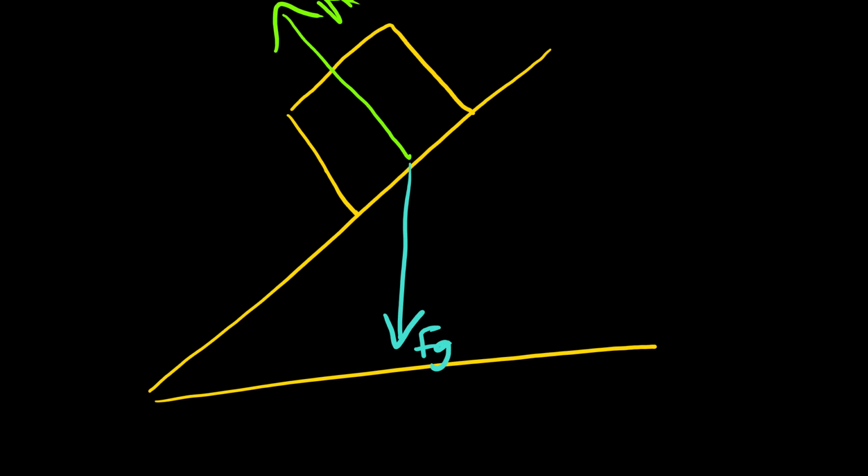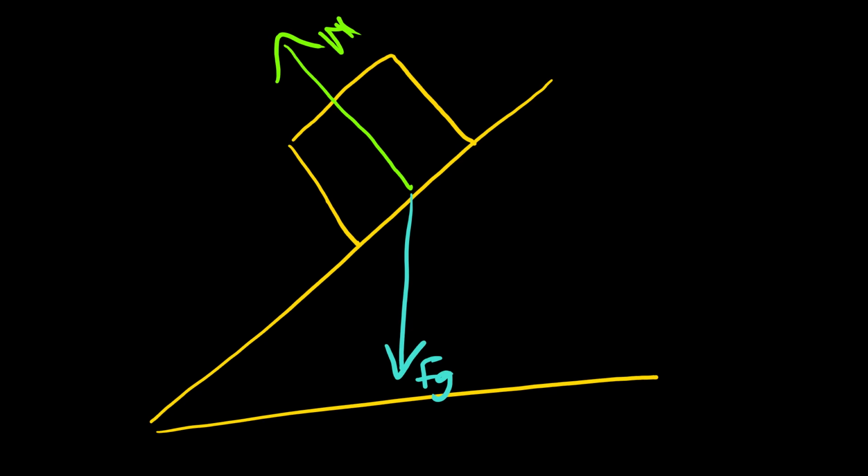Now let us try to resolve Fg in terms of its components. This will be our Fy, the vertical component of Fg. So we can say Fgy.